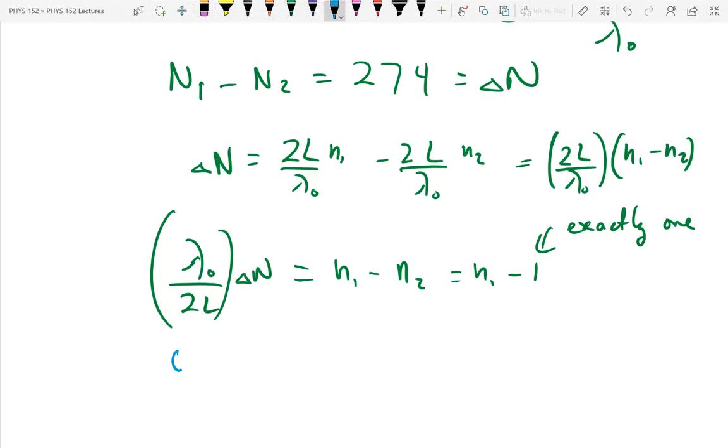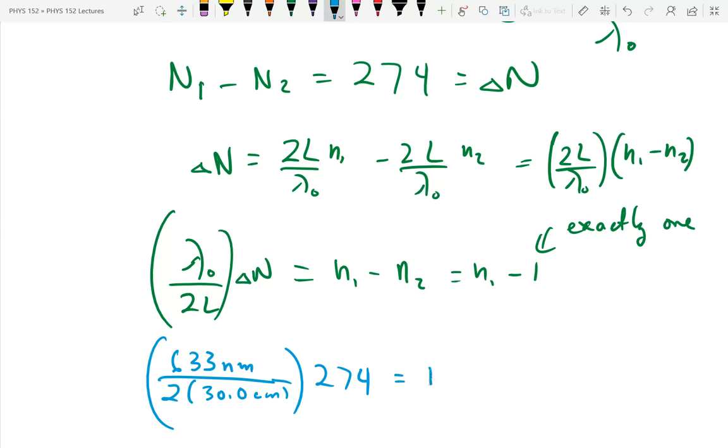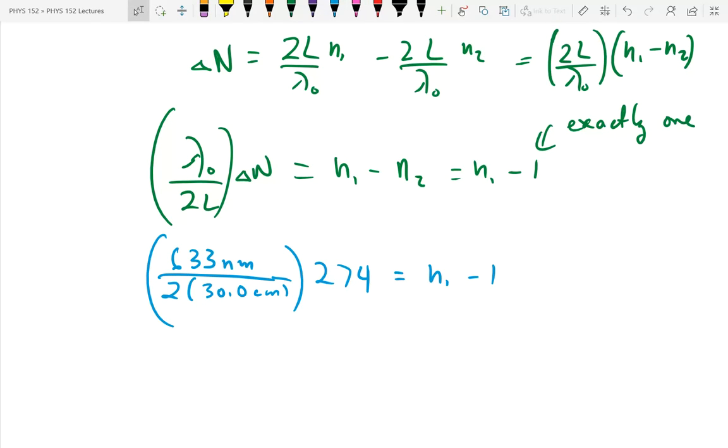So that's going to be 633 nanometers over 2 times 30.0 centimeters times 274. So we get out the calculators. Somebody get out a calculator and tell me this number, please.